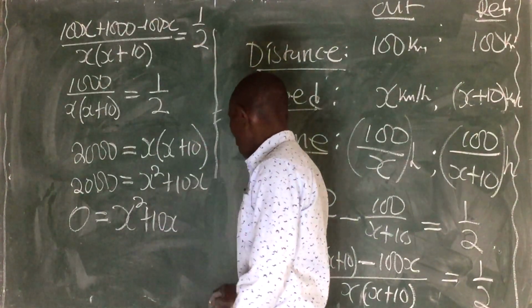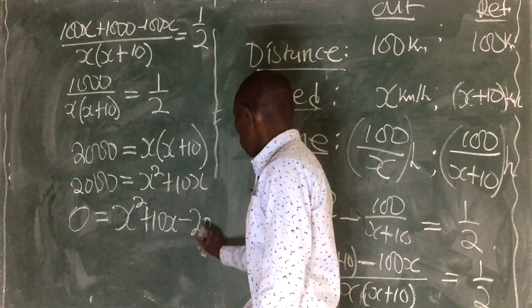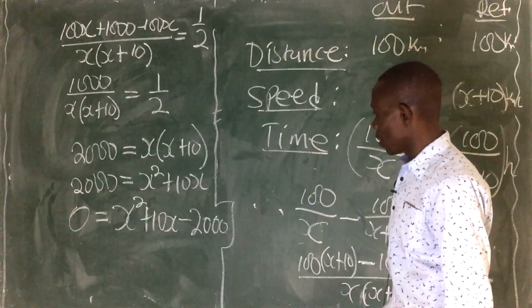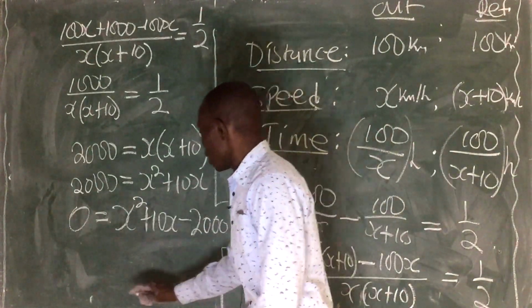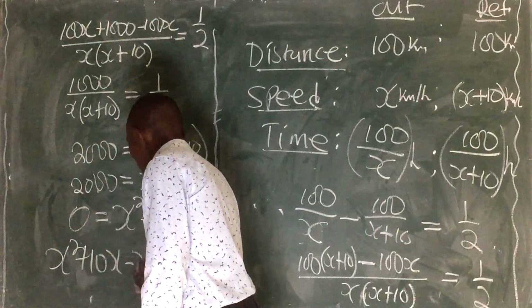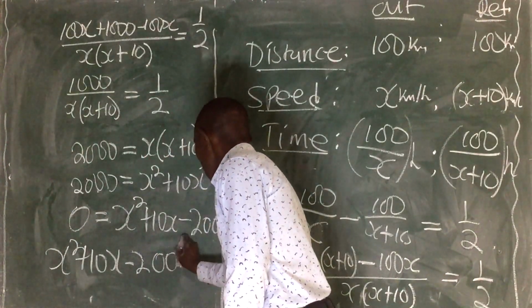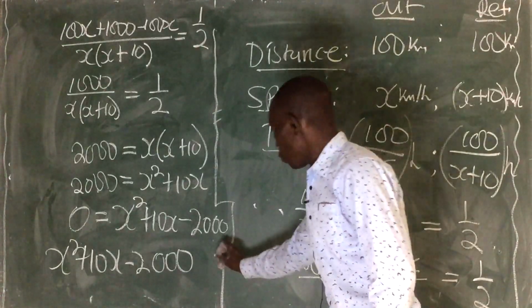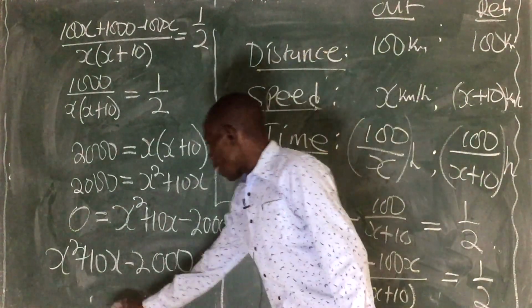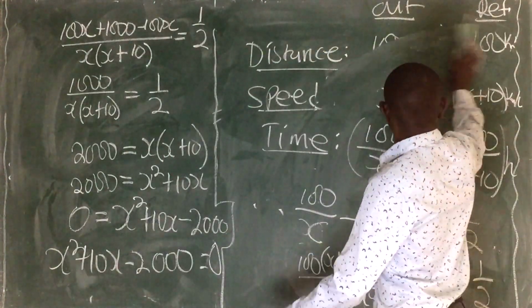So this now here to be negative 2000 like this. Right, that's what we have. So this is as good as writing x squared plus 10x minus 2000, which is equal to 0 like this. So what are we going to do next?